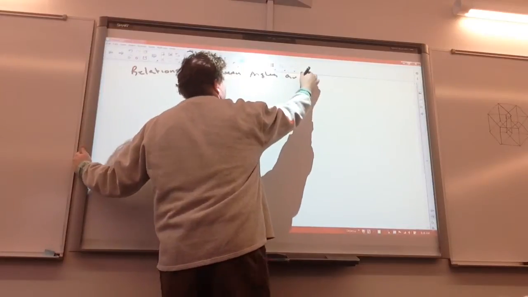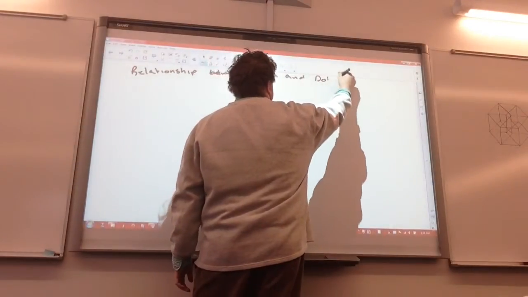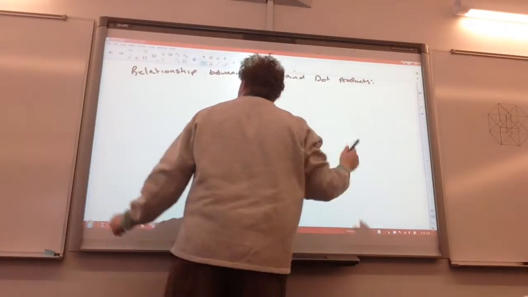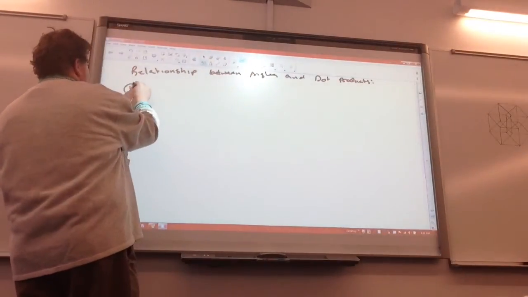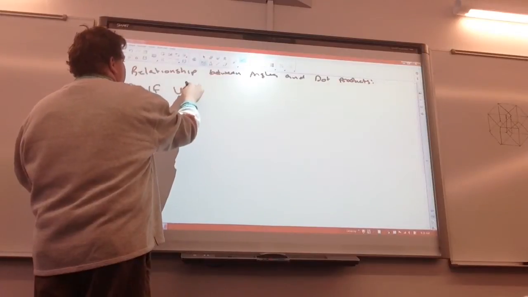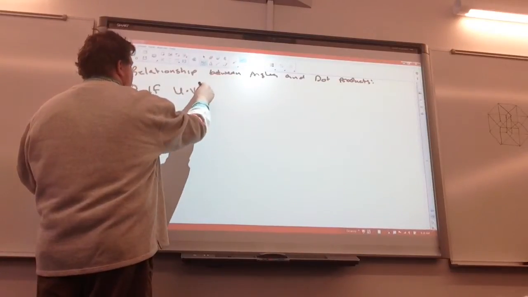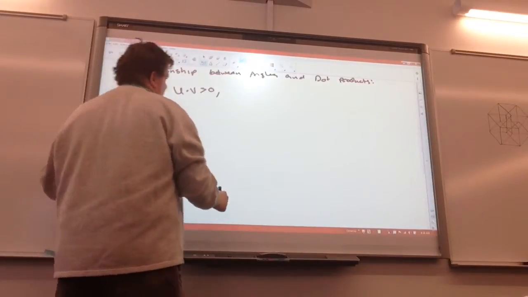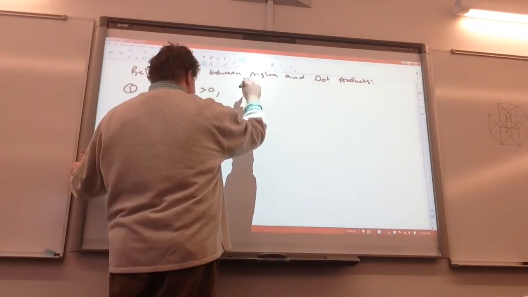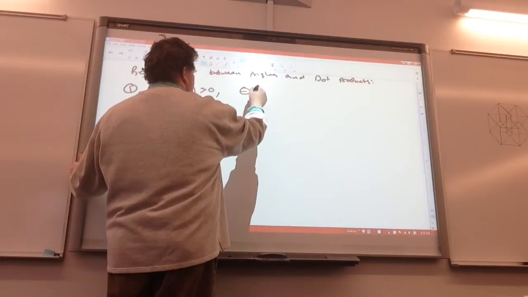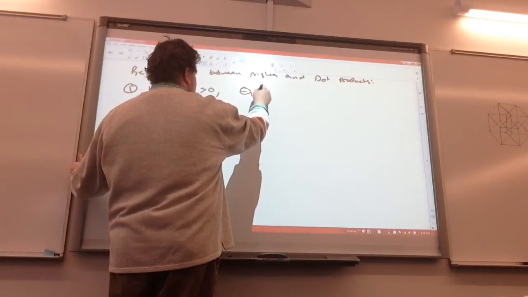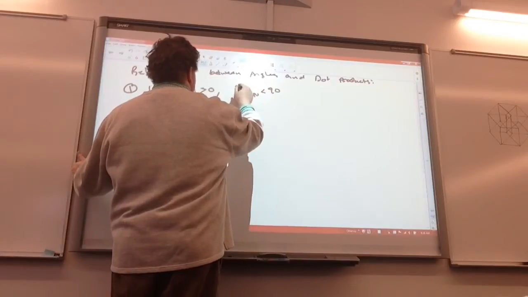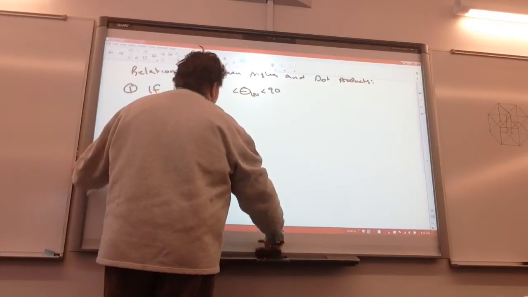So, a relationship between angles and dot products. First one: if u dot v is greater than 0, the angle between u and v is less than 90.